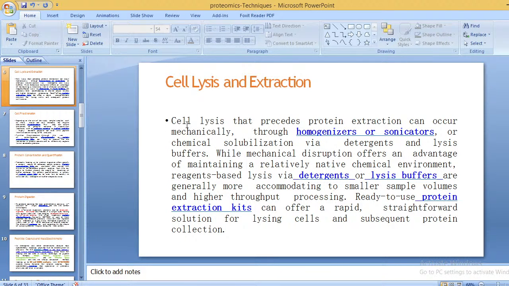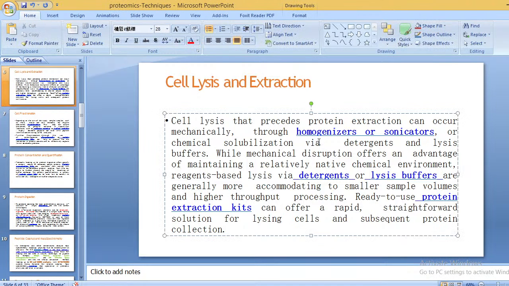So in cell lysis and extraction, cell lysis that precedes protein extraction can occur mechanically through a homogenizer or sonicator. I have discussed this, or chemical solubilization by detergents or lysis buffer.